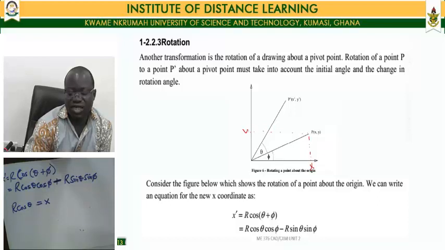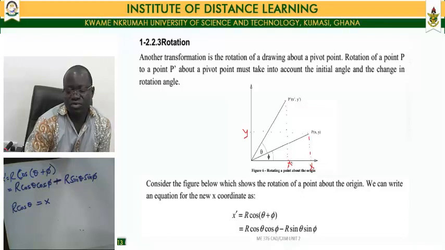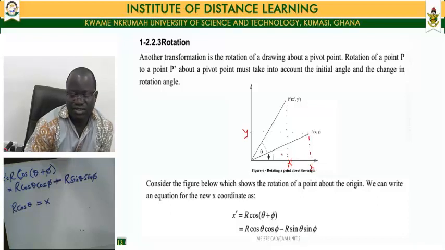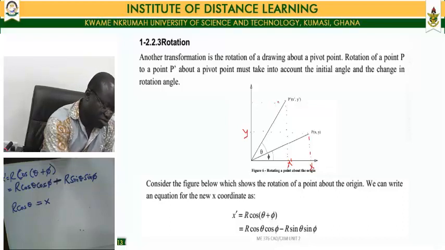Then of course this one, it will trace down vertically. We can call it the x prime. And then we can also trace this and call these y prime. Okay, so the x is actually r cos phi.